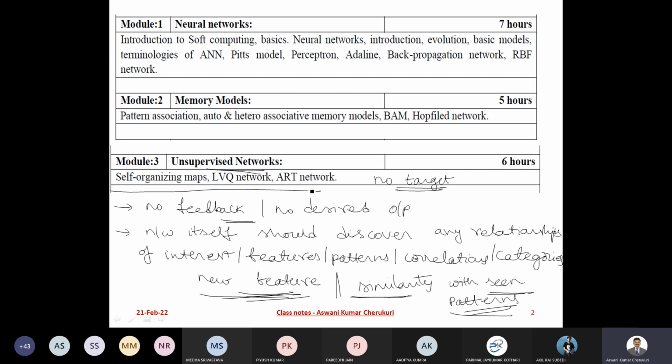When the new feature comes in, we are seeing the similarity of the new feature with the seen patterns and saying that this new feature is going to one particular group, one particular cluster. That means what is happening? Among the final output nodes you have, one among them is giving you an output, right?